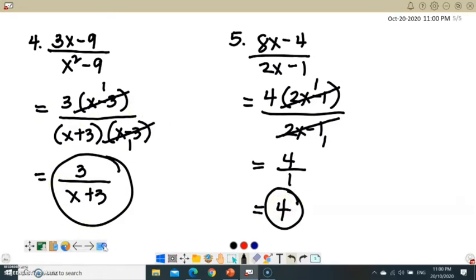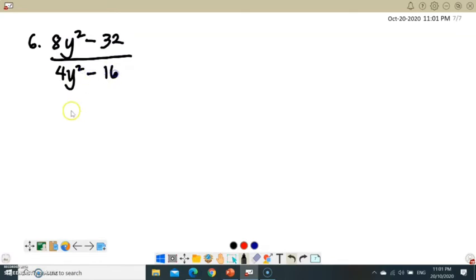Let's try another. Let's have number 6. 8y squared minus 32 over 4y squared minus 16.